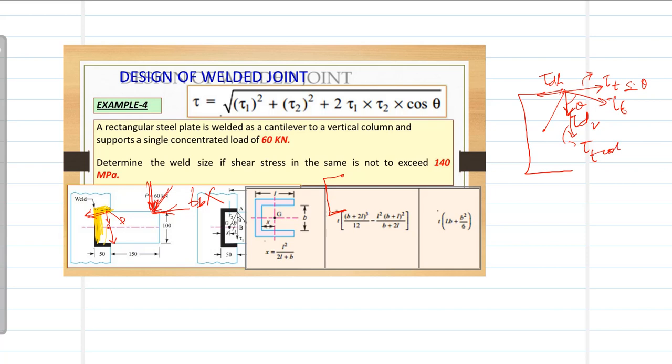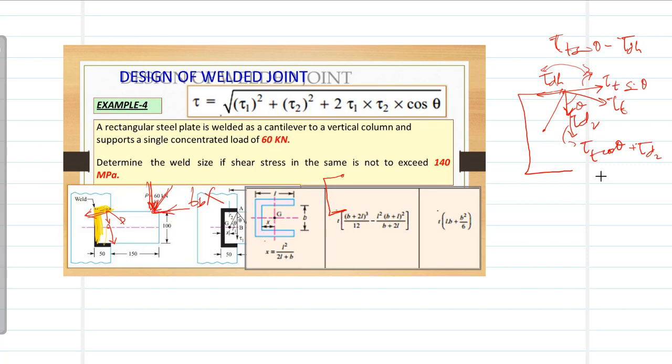Now the total horizontal stress will be tau t sine theta minus tau d h. This is the horizontal component. And the vertical component is tau t cos theta plus tau d v. Both are in the same direction, so we add them together, but because these two are in opposite directions, we subtract.